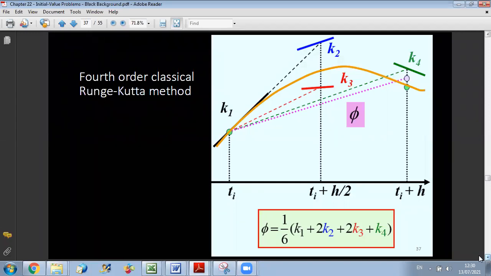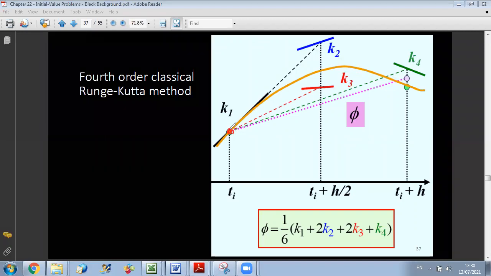Now, another method that is much more accurate is the Runge-Kutta method, and it is a fourth order method. But its computation is a little bit more complex, and I will explain it in the following slide. The idea is, first, I always start from the first point.